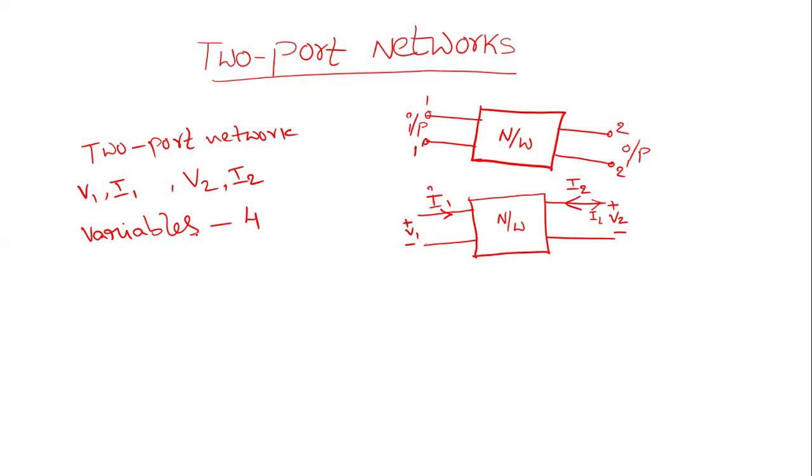In a two-port network, what are the parameters? For a given two-port network, parameters remain the same, whatever the values of the variables V1, I1, V2, I2. How many parameters exist for a given two-port network?